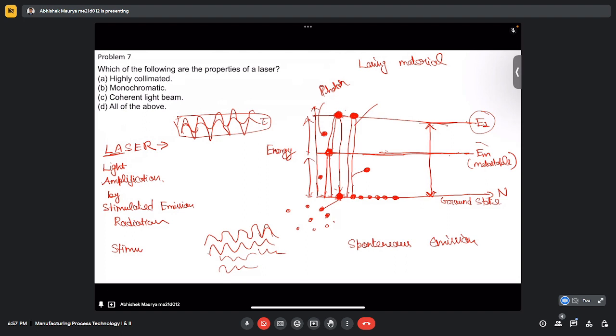If we do not do anything, after some time the electron will come to the ground state by emitting some photon. That is called spontaneous emission. But now we want to control it. We want whatever photons come out to be in the same phase. Then only will we be able to use it for amplification. So there is something called stimulated emission.